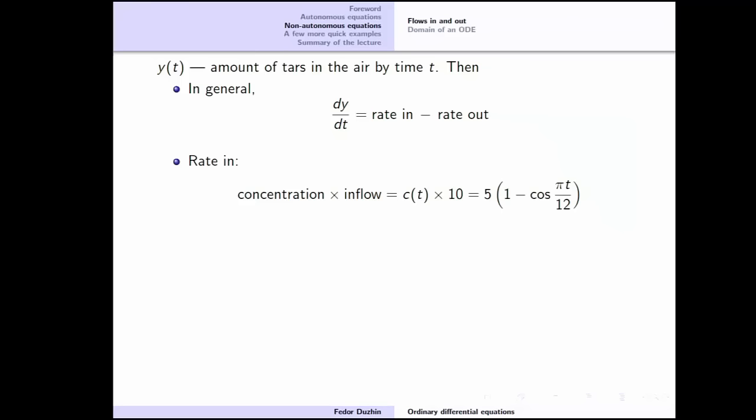The inflow is 10 cubic meters per hour, so let me write it. C of t was (1 minus cosine of pi t over 12) over 2, measured in milligrams per cubic meter, times the inflow, which is 10 cubic meters per hour.